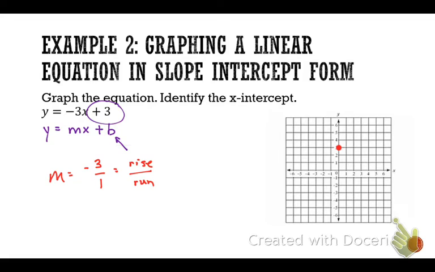Down 3. So I'm going to count down 3 from that point, 1, 2, 3, and go over 1 and plot my point. Now I have 2 points, which is all I need to draw my line on the graph. And that's it. This is the exact same line that you would have drawn had you done a table.